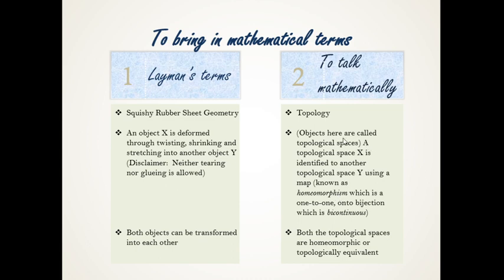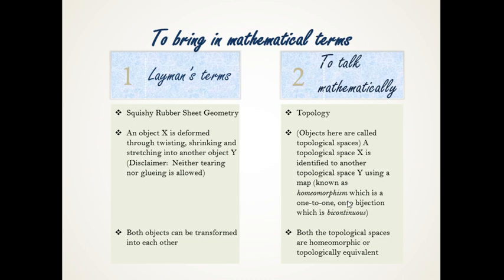The object is called in topology a topological space. So here the coffee cup is a topological space and the donut is also a topological space. This coffee cup is going to change into a donut. Here we had some kind of deformation, and the deformation here is called a map. So a topological space X is identified to another topological space Y using a map, and this map has a name in topology: homeomorphism.